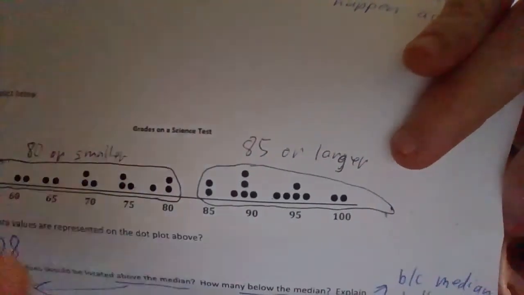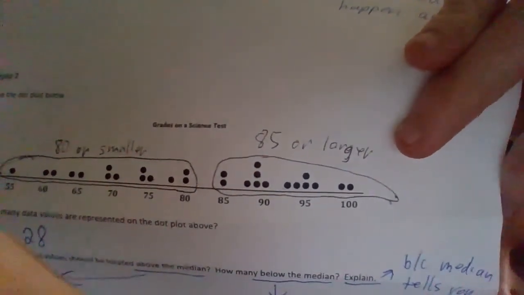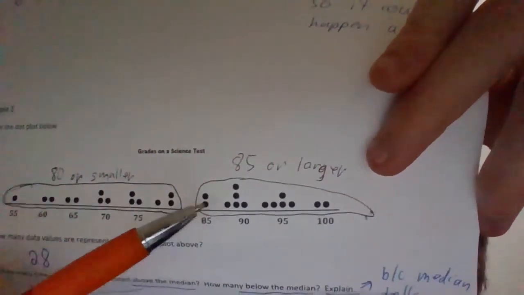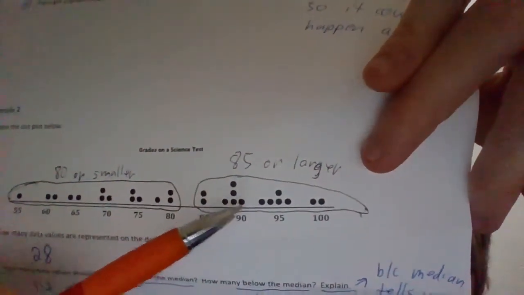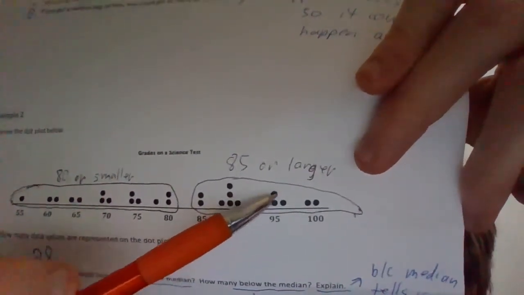So there's my 85 or larger. I see 2, 3, 4, 5, 6, 7. Whoops, sorry, I was looking at the wrong one there, guys. 2, 3, 4, 5, 6, 7, 8, 9, 10, 11, 12, 13, 14. Okay, here's what they're talking about. There's the 14 and the 14.